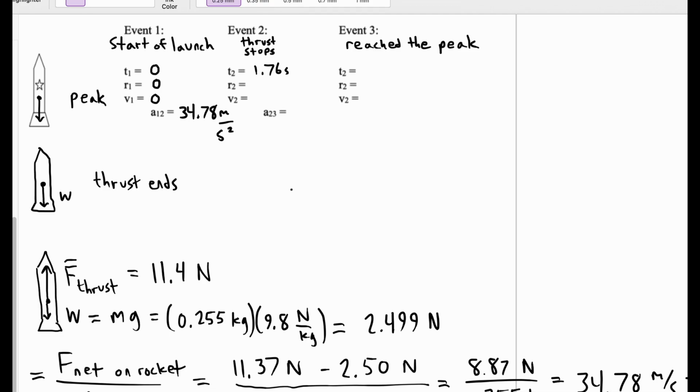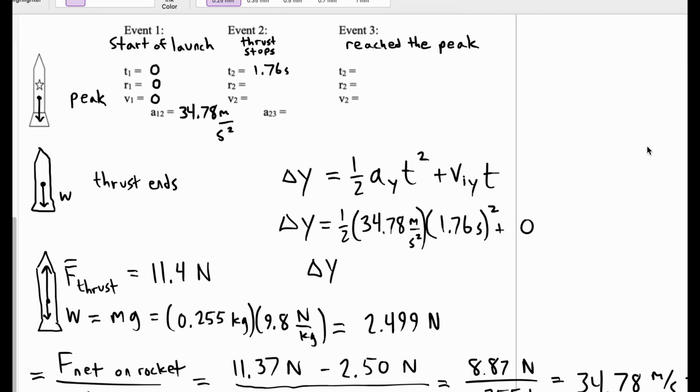I'd use this formula, that the delta y would be 1/2 a_y t squared plus v_iy t. That's just a standard motion formula from the past. We have everything that we would need to plug into this. Okay, there we go. 53.9 meters is how far it goes.